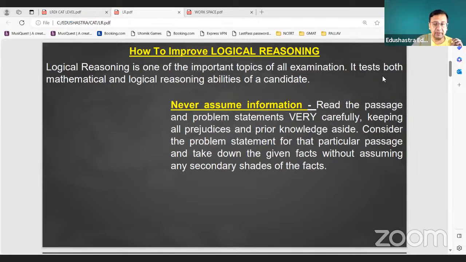Whatever is given in the passage, in the text, in the table, in the diagram, whatever is given, just consider this information as the final. There should be no assumption as per my general understanding, my general experience over the years. So there should be no assumption.